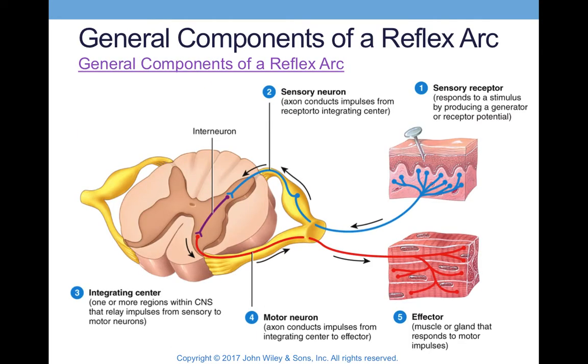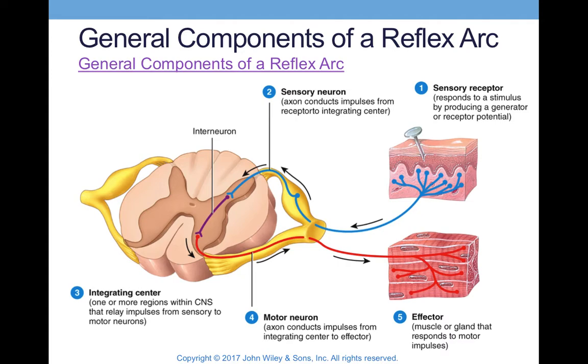All right, so the general components of your reflex arc. There are 5 general components, and a reflex arc is the simplest type of pathway. Pathways will be specific neuronal circuits and thus will include at least one synapse.